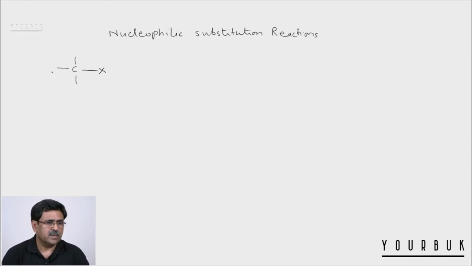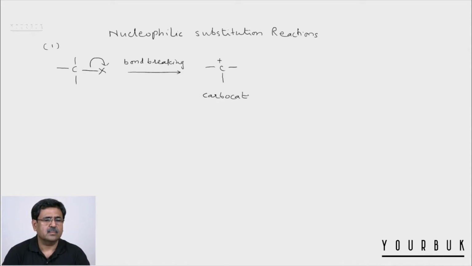Now one possible way to displace X is in a stepwise manner. The first step is the carbon halogen bond breaking, forming what is called a carbocation. The carbon carrying a positive charge is called a carbocation.